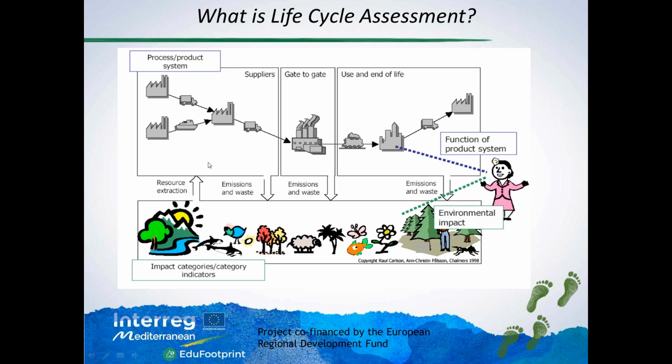Every phase needs input such as, for example, resource extractions, and gives emissions and waste to the environment. To quantify this kind of impact, you should choose some indicators, some categories of indicators, just to quantify the impact and to make a comparison between two products or among more products.